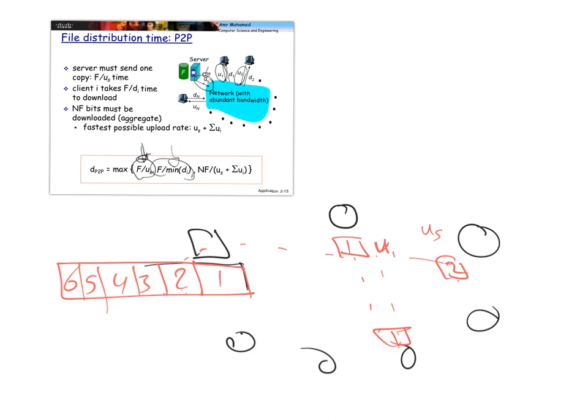But the difference here is that using peer-to-peer, we can do concurrent transmission. So we're not restricted only by US. We can send with US plus U1 plus U2 plus U3 plus U4 all the way to UN. So it's as if we have a system with an aggregate capacity of US plus U1 all the way to UN.